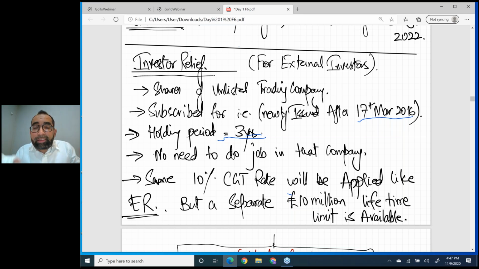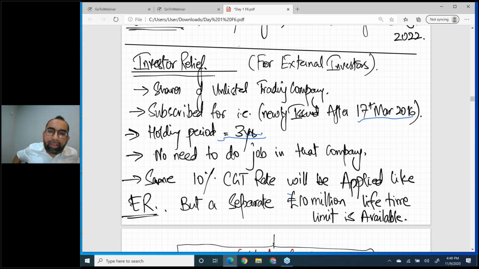And see the screen, there is no requirement of 5% holding. In entrepreneur relief, the 5% holding requirement was a must, and the job requirement was a must, but right now here there is no job requirement. So if you meet these conditions, don't forget the holding period here is 3 years after 17th March 2016.